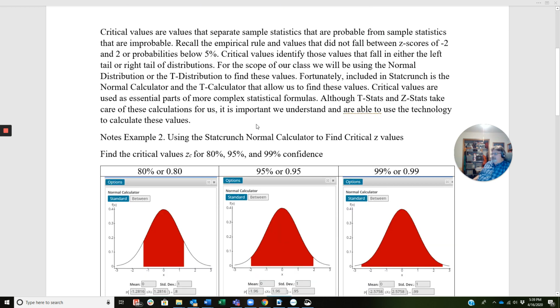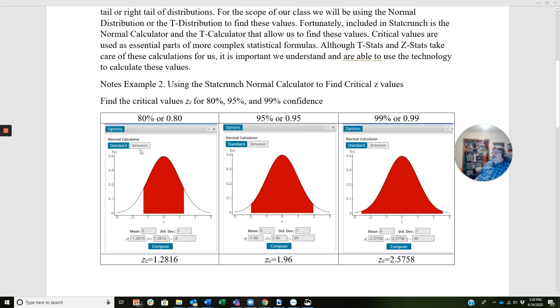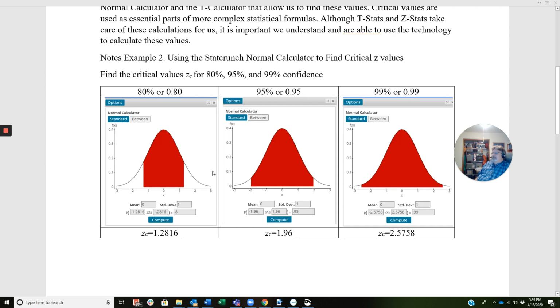So the first example, this is from the notes, and we're looking at 80% confidence levels, 95% confidence levels, and 99% confidence levels. We've already done these in a previous section, but essentially we use the between function and the normal calculator. As you see, I have the 0.8 here, the 0.95 here, the 0.99 here.